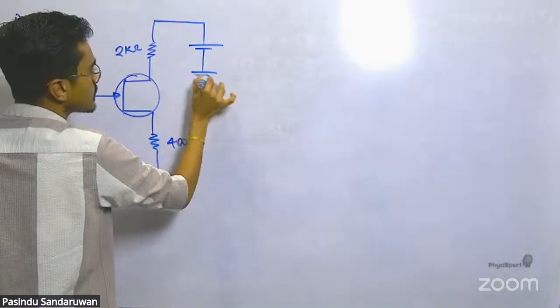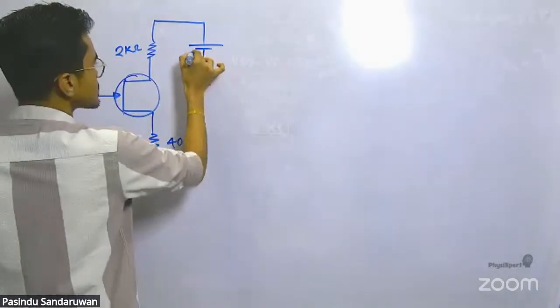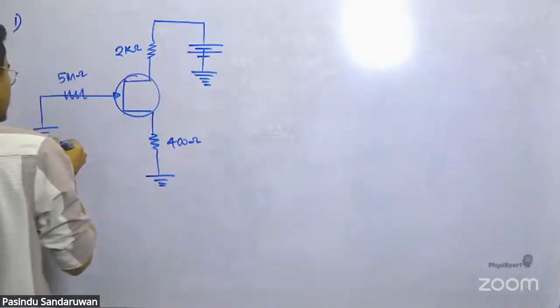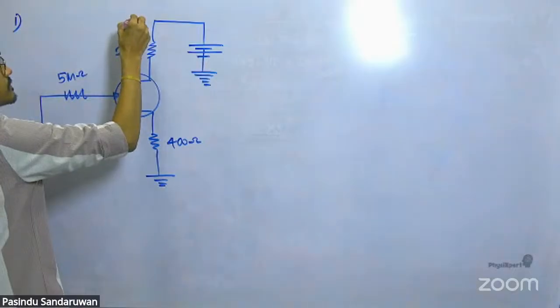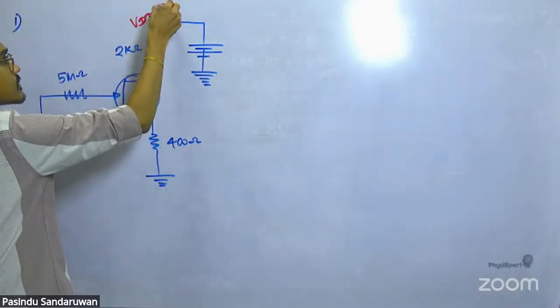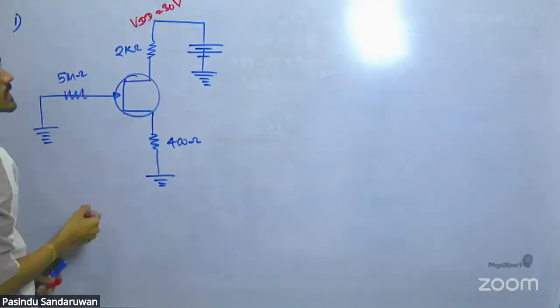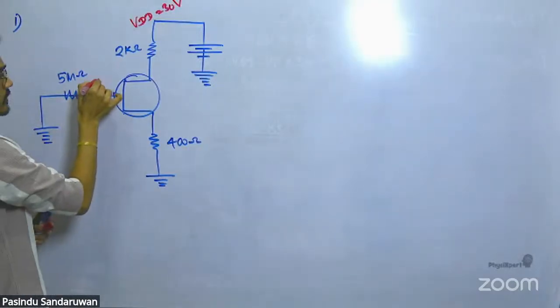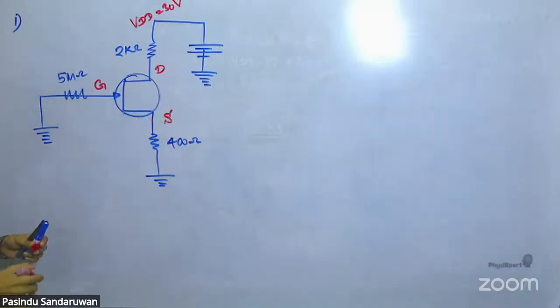Battery and the grounding. Right, two batteries. VDD is given as 30. So you know this is gate, drain, and the source.